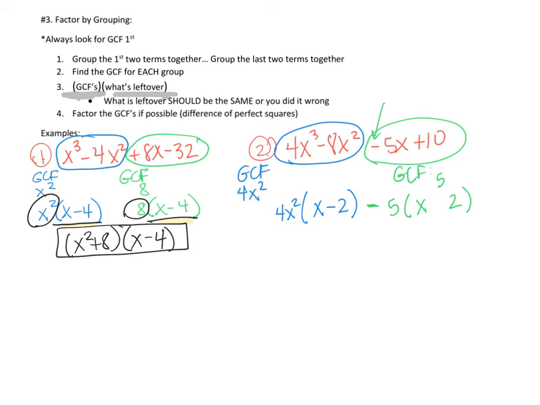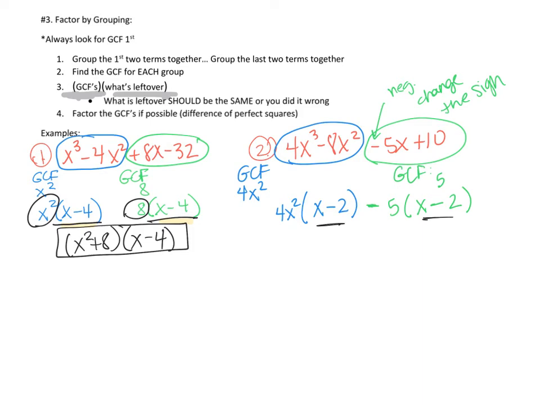If I take out a negative 5, I'm actually going to be left with a negative 2 there. So I can think of this one of two ways. One way, if I bring out a negative, it's going to change the signs, the same way that it would change the sign if I multiplied or divided by a negative number. That's what's happening. Another way to think about it is, remember we said that what's in the parentheses has to be the same.